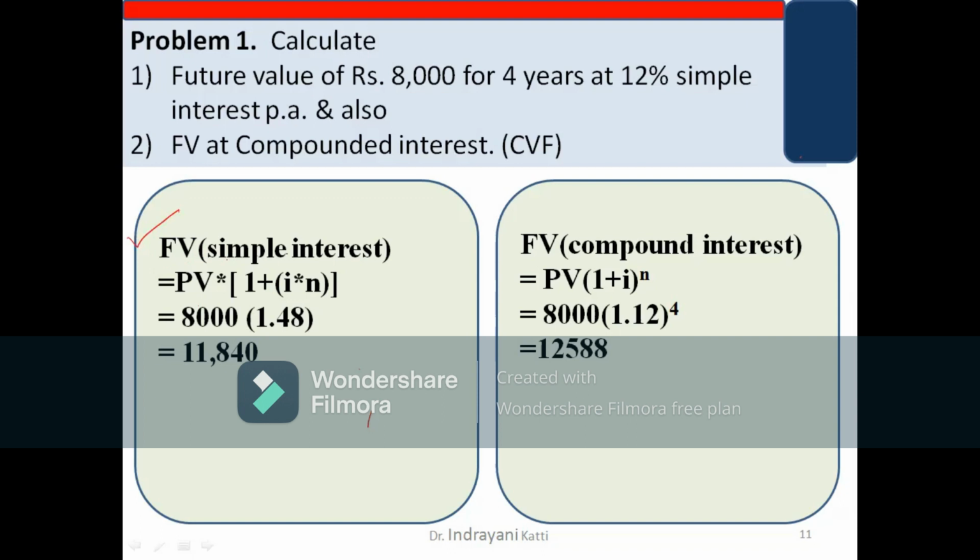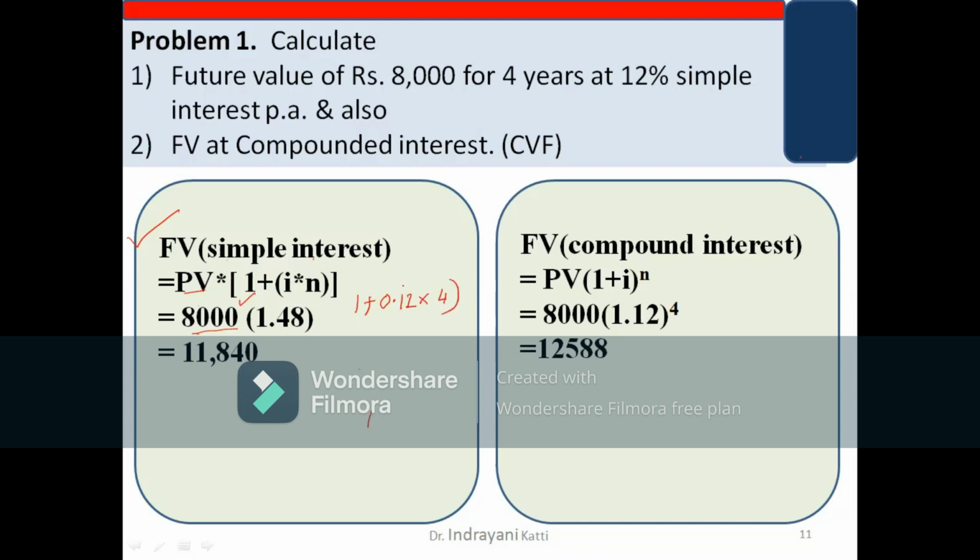Future value, simple interest. Write the formula here: PV multiplied by (1 plus i multiplied by n), complete the bracket. Here 8,000 is the PV, the present value, the amount which is going to be invested. So how is this done? 1 plus i. What is the i here? 0.12, multiplied by how many years? 4 years.